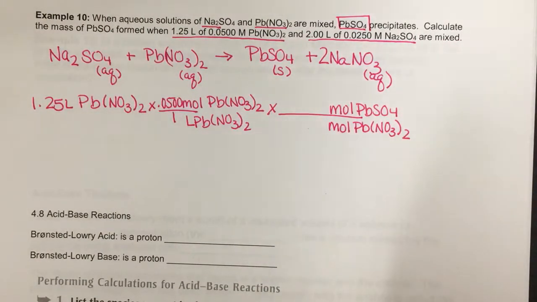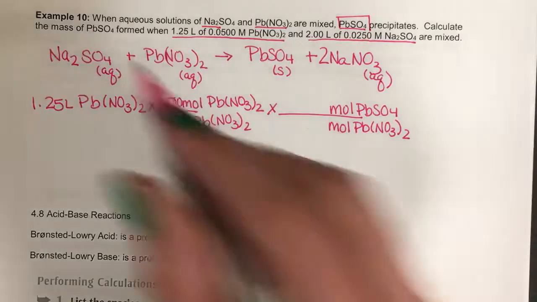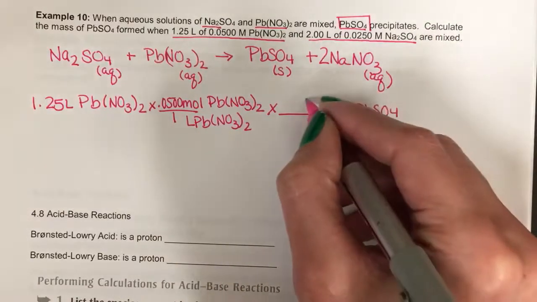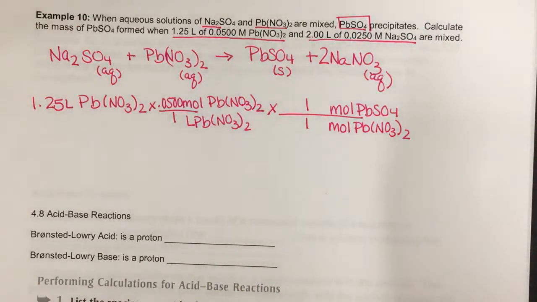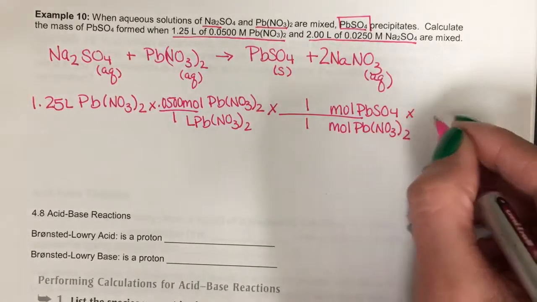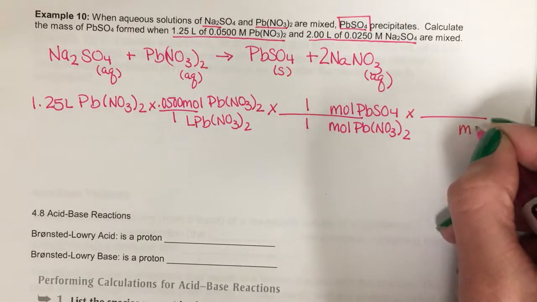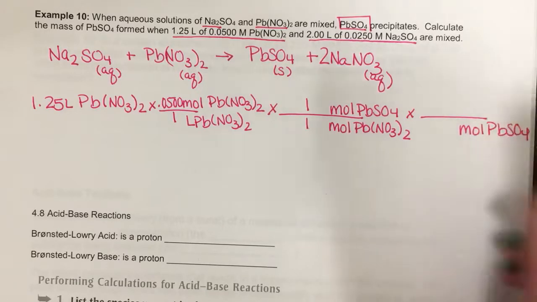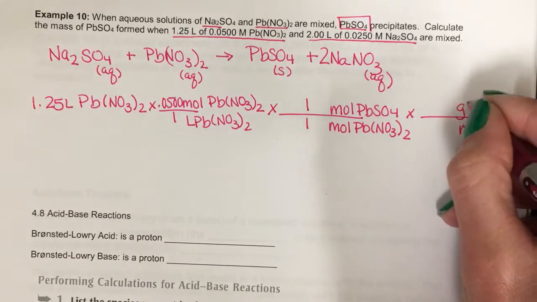When I change from moles of one element or compound to moles of another element or compound, I have to look at my balanced reaction. In this case, I have 1 mole of Pb for 1 mole of Pb. Last step, it asks me about grams. So I need to make moles go away. I'm changing it to grams.